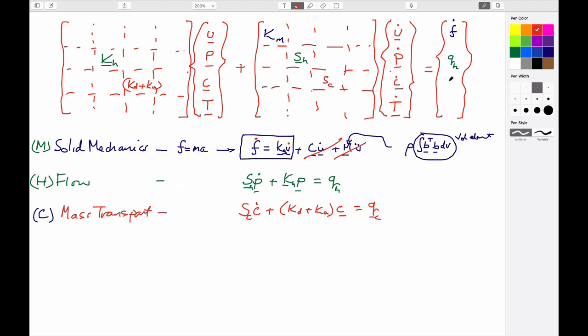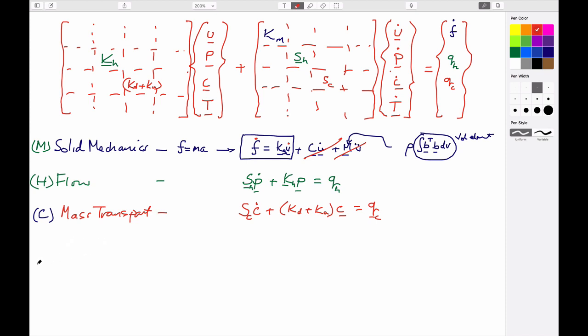And this would be a flux. These are rates of change, right? A flux is a mass per unit time. This is a force per unit time. This is a volumetric flow rate per unit time.